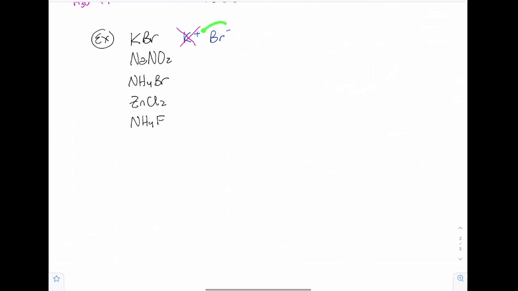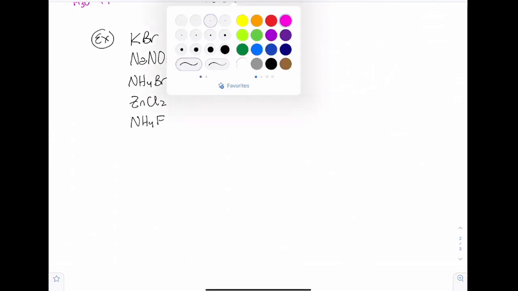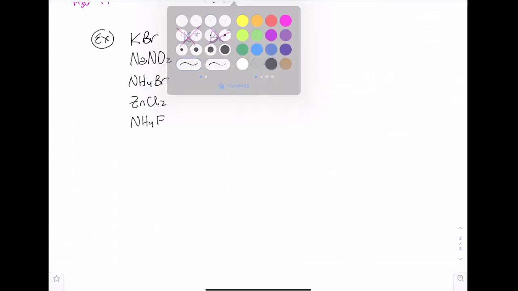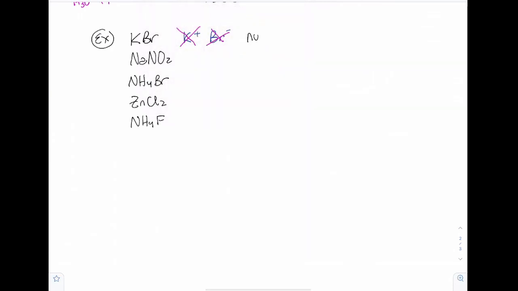And then bromide is the conjugate base of a strong acid, HBr, and we know that those are also inert. So neither my cation or my anion will react with water to produce hydroxide ions or hydronium ions. So this is going to be a neutral salt. My pH, if I have KBr in water, is going to be 7.